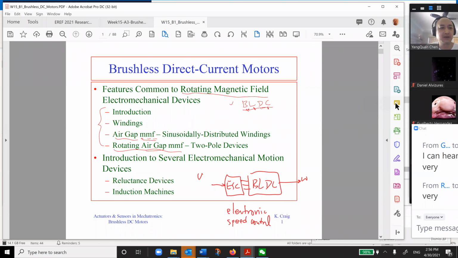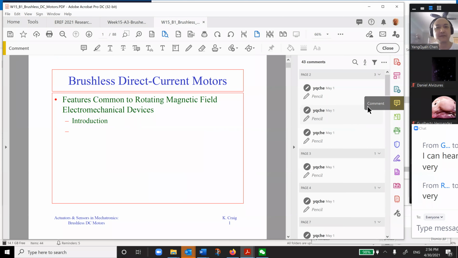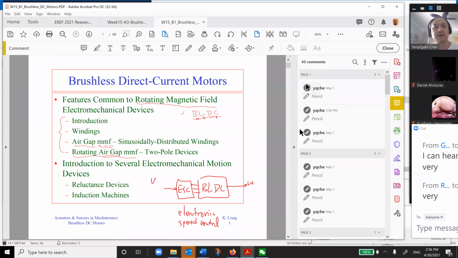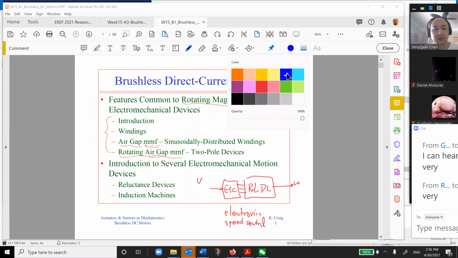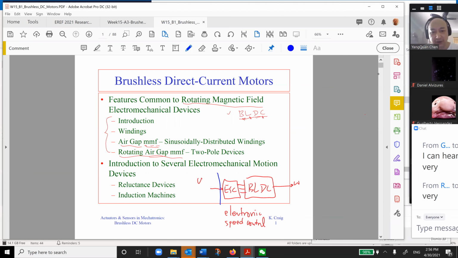If you put this one here, the characteristic from V to omega is almost the same, like K over Ts plus 1. So it looks like a DC motor, okay?